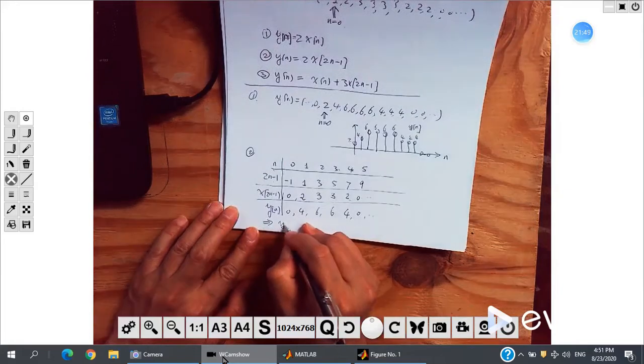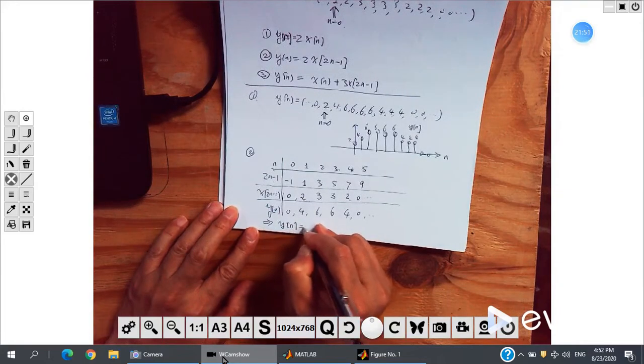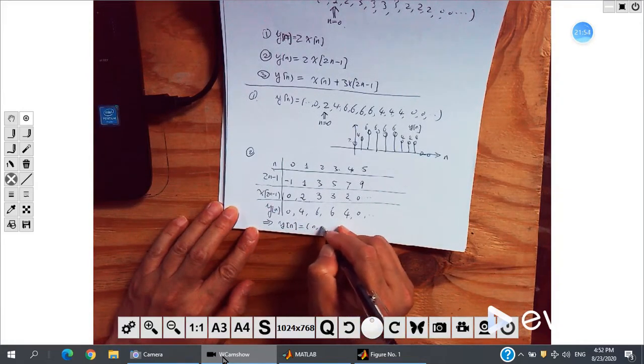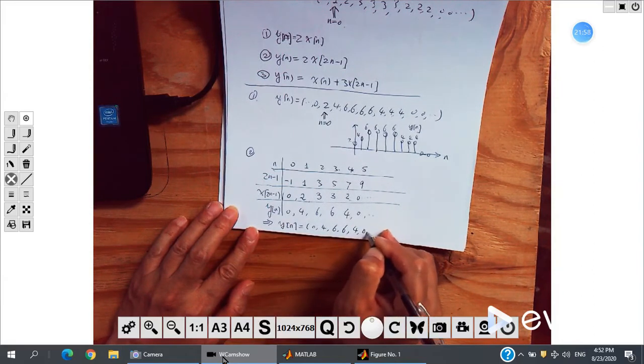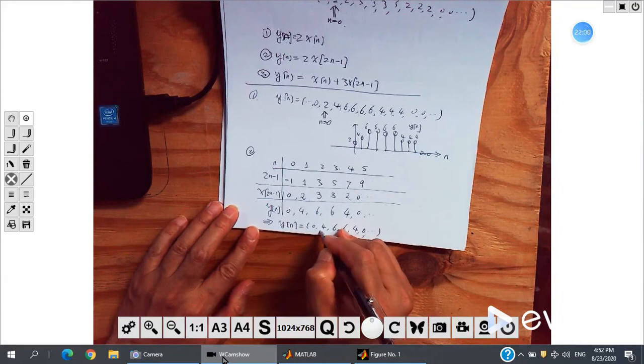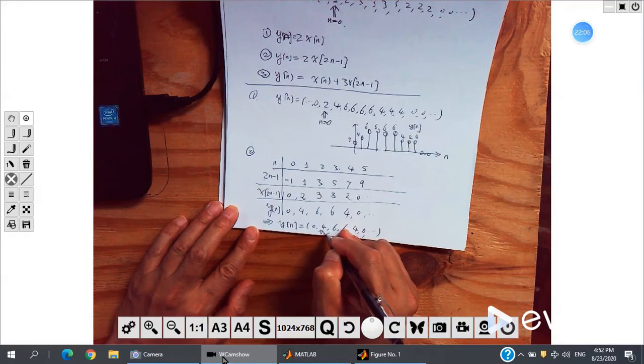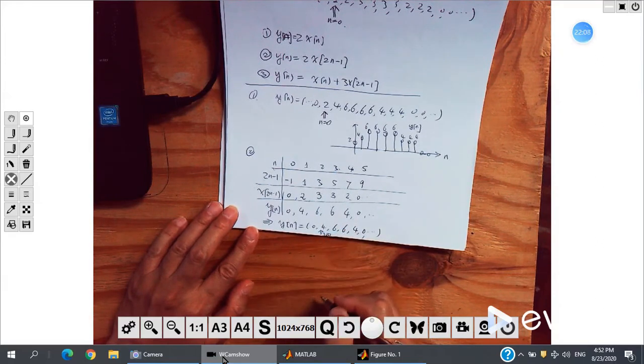So y[n] will equal 0, 4, 6, 6, 4, 0, like this one. And here you need to indicate this corresponds to n equal to 1.